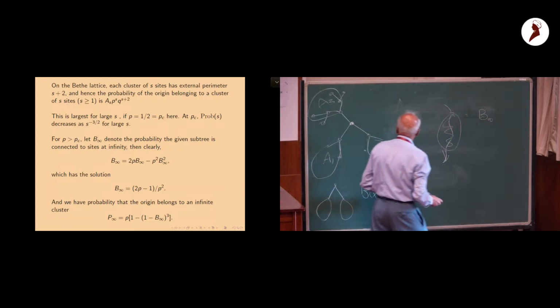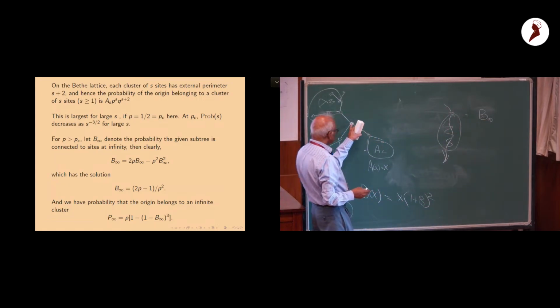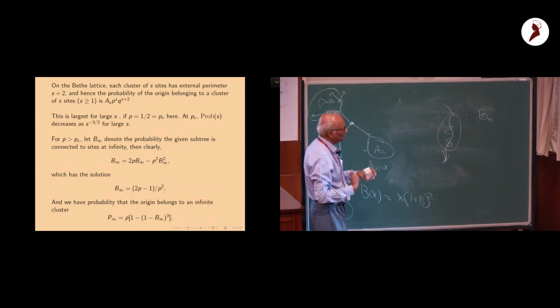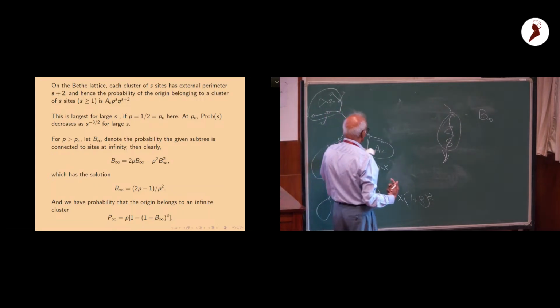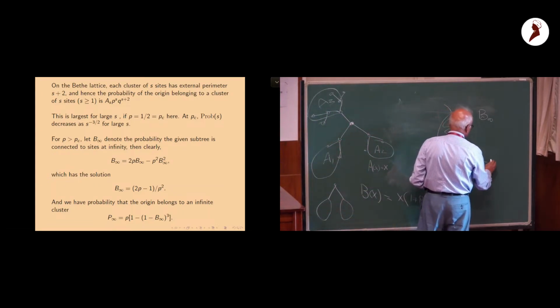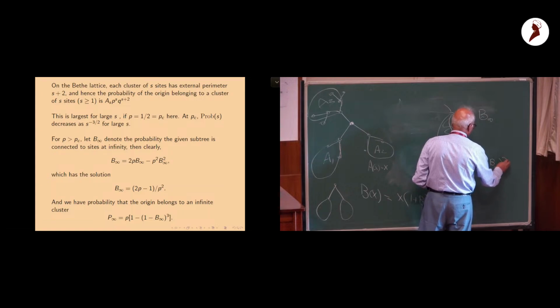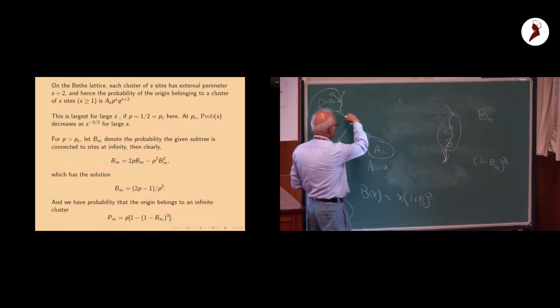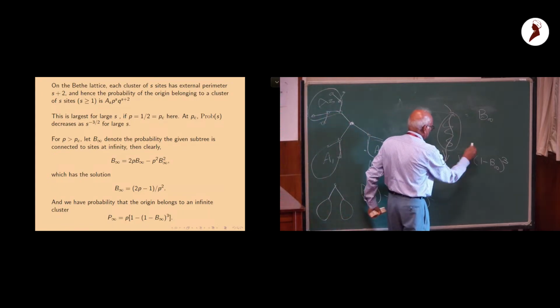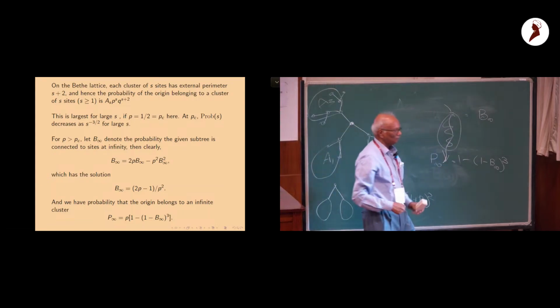Okay, so if there is a path from here to infinity, 1 minus B infinity is the probability that there is no path from here to here, and then you take (1 minus B infinity) whole cubed. That's the probability that there is no path either here or here or here, and you subtract that from 1, and that is the probability of the infinite path.